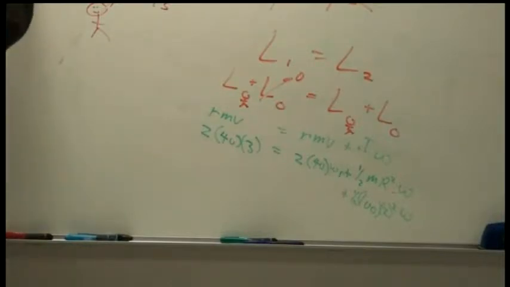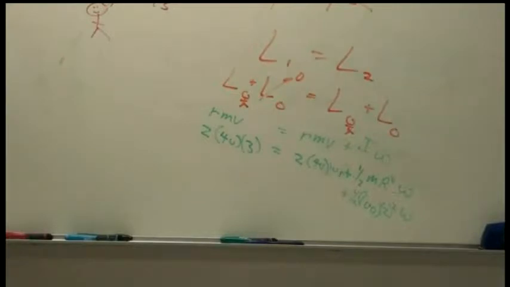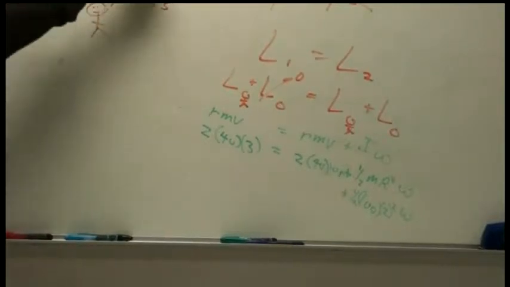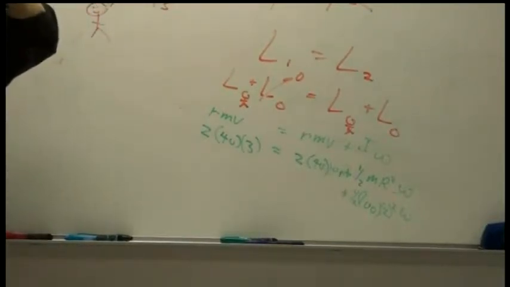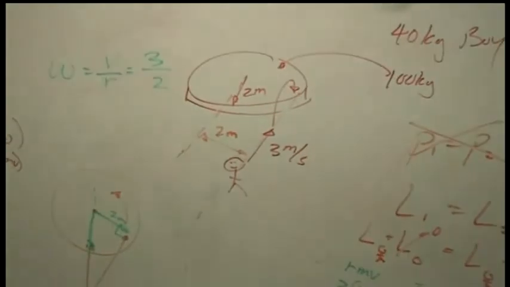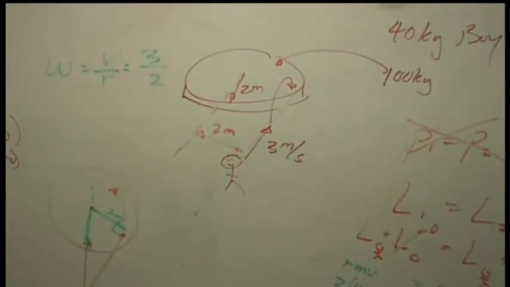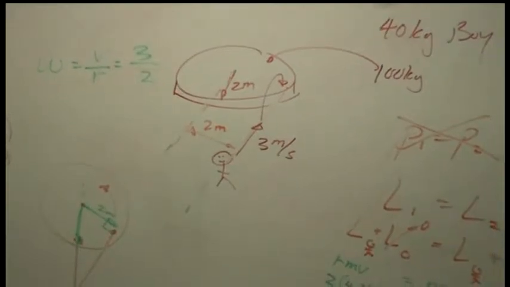It's less, because that's the original omega of the boy right when he jumps on. It has to be less because we're picking up rotational mass. What does it turn out to be? It turns out to be 2/3, 0.67 rad per second.